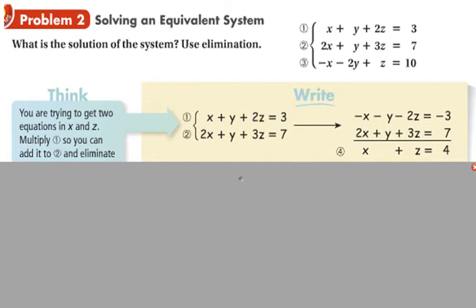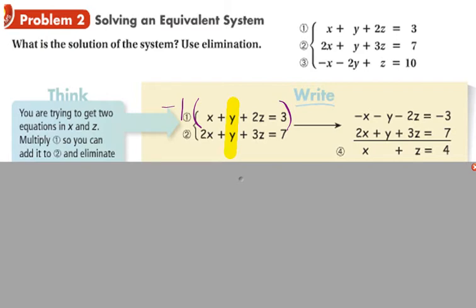So if we eliminate our y, what do we need to do? Well, if we're going to add these to eliminate, it means we have to have a positive and a negative. So if I have a positive y and a negative y, when I combine them, I go to 0. So we need to do that. We need to make one of the y's negative. So that means I'm going to multiply this by a negative 1.